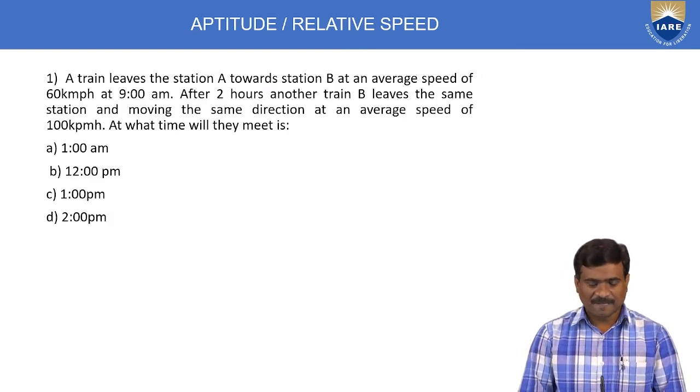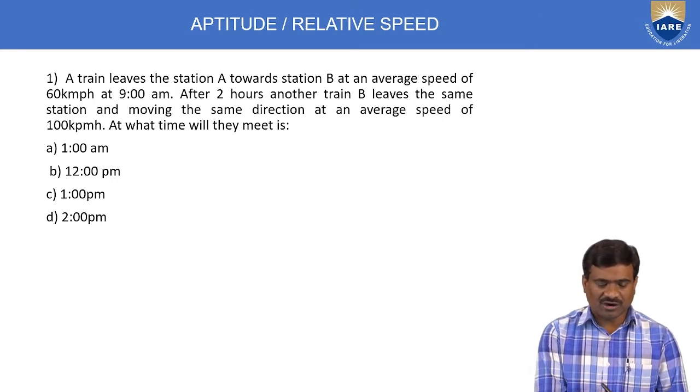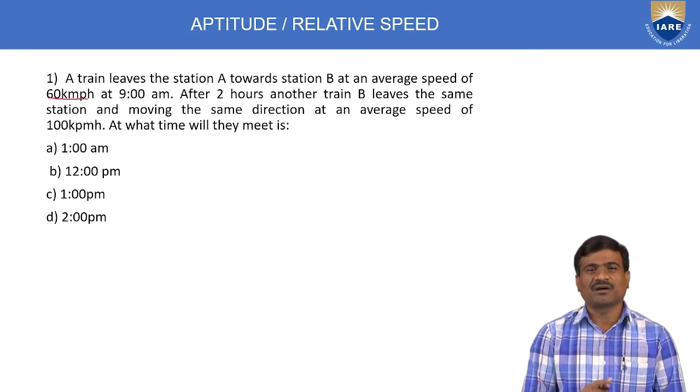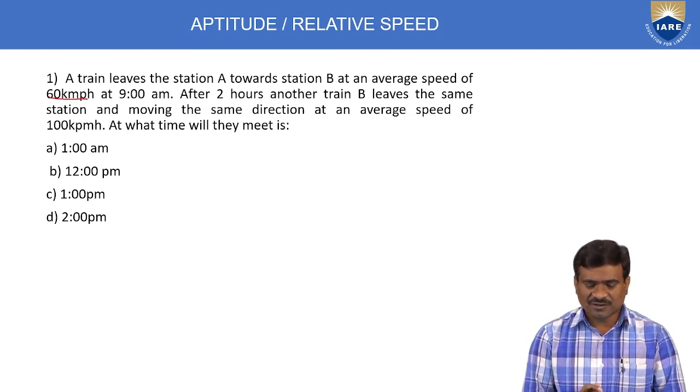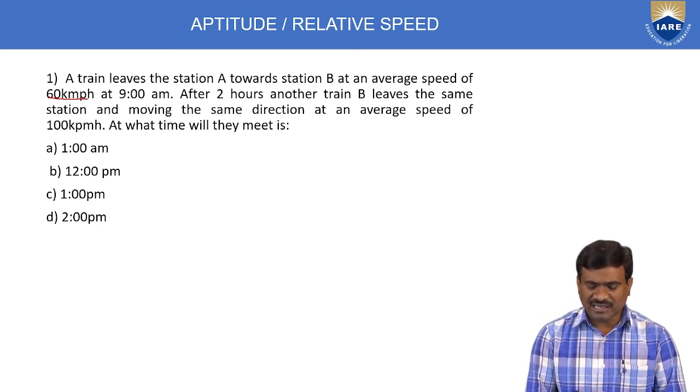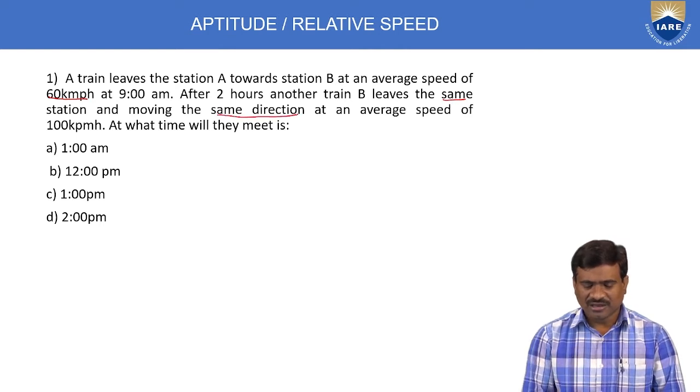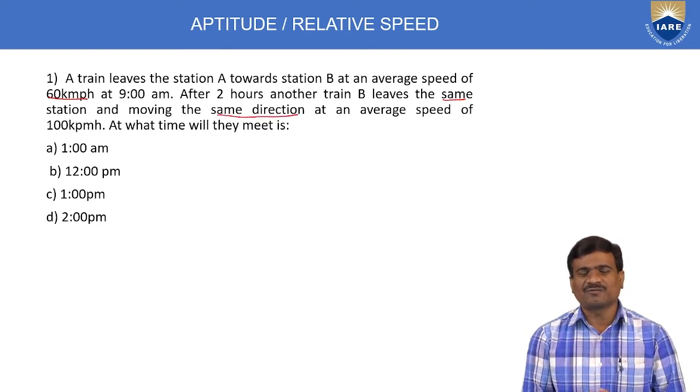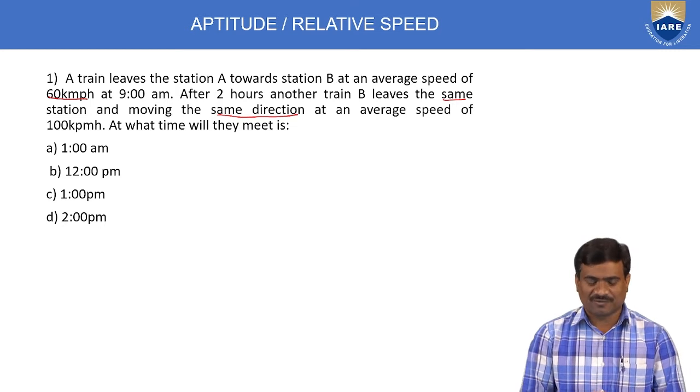First example: a train A leaves station A towards station B at an average speed of 60 km per hour at 9 a.m. After 2 hours, another train B leaves the same station, moving in the same direction at an average speed of 100 km per hour.